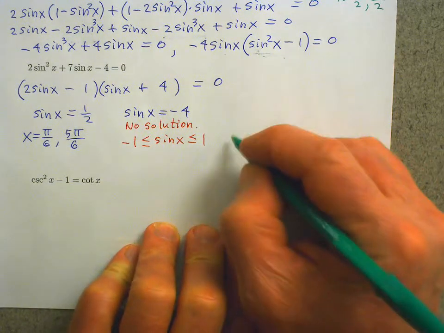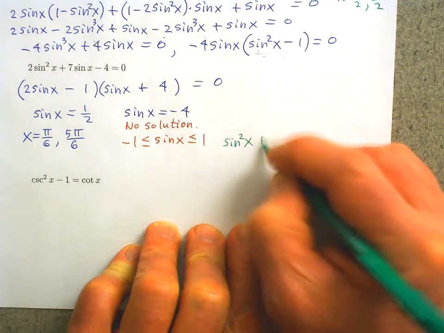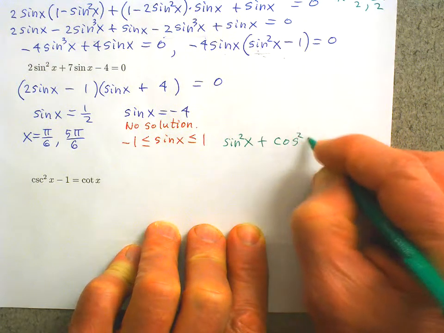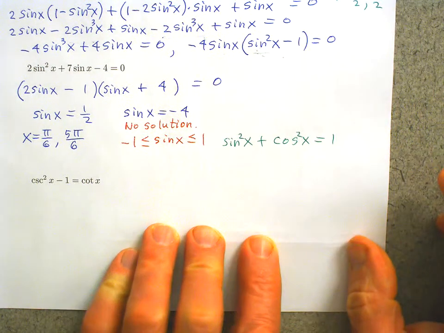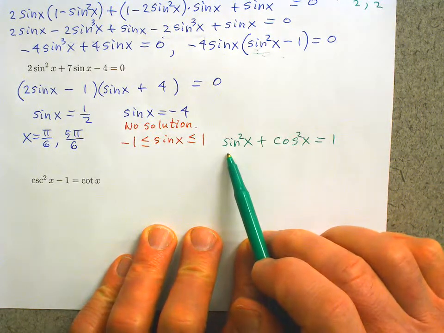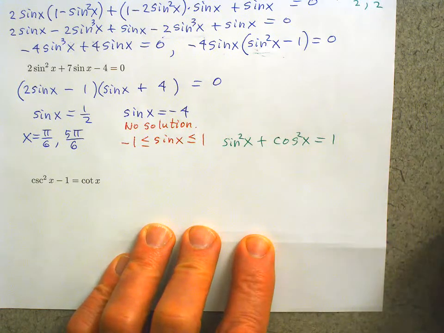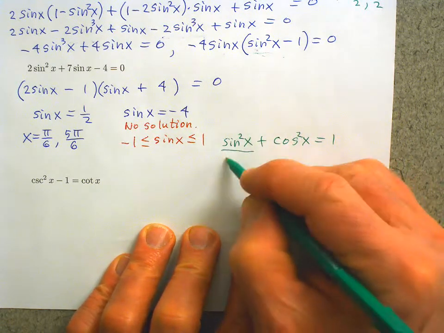I never remember, so I'm going to write down the original. Sine of x squared plus cosine of x squared equals 1. So let's see. If I divide everything by sine of x squared, I'll get the one that I'm after.